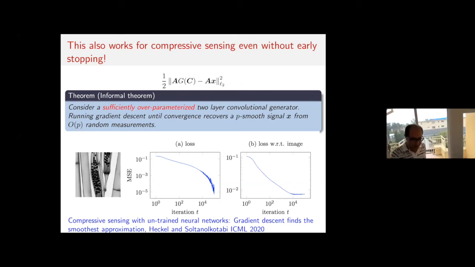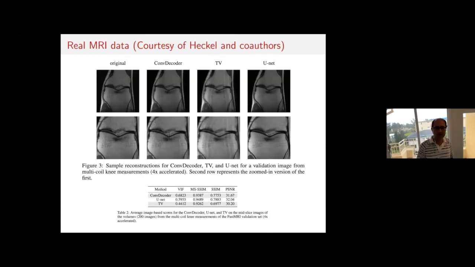But let's also look at how this actually works on actual MRI data. I don't have results from my own group, but we're still working on this. My collaborator and his team have done really good work on this. Here is what they call the conv decoder.